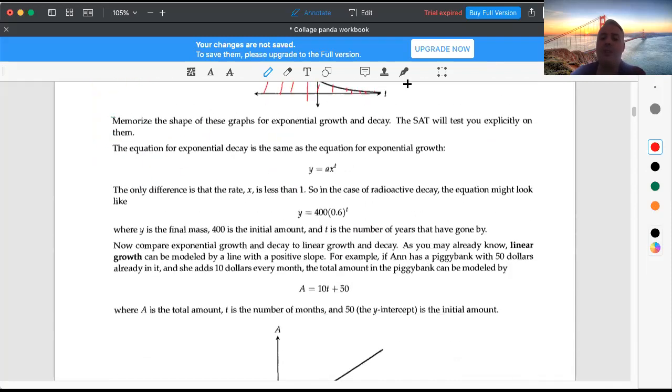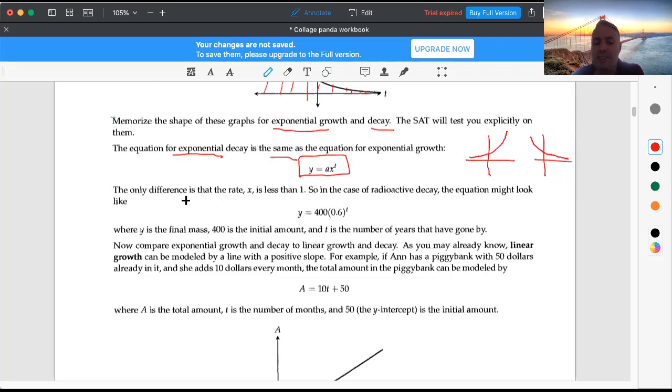There is something here, what it says. Memorize the shape of the graphs of exponential growth and exponential decay. So this is exponential growth, something is increasing. And this is exponential decay. Let's be familiar. The SAT will test you explicitly on them. The equation of exponential decay is the same as the equation for exponential growth. So we have only one equation, a times x to the power of t.